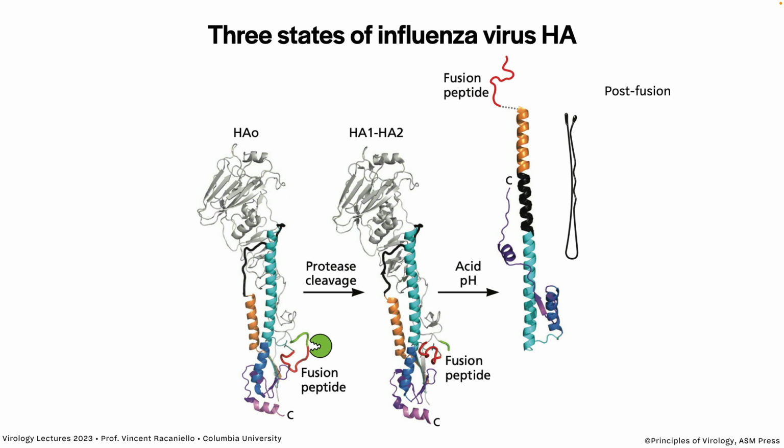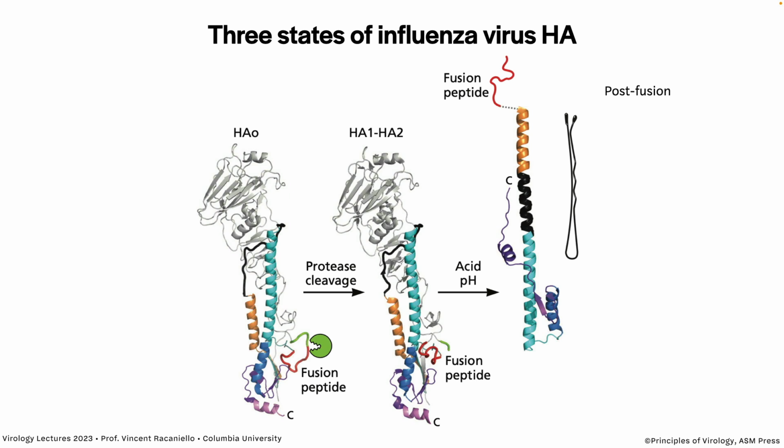And that little Pac-Man thingy there, that is a protease that is cleaving the HA. And so the middle panel shows you the cleavage has happened. So now the N-terminus of the fusion peptide is available. And then when pH drops, you can now extend the HA, and the fusion peptide is all the way at the top there.